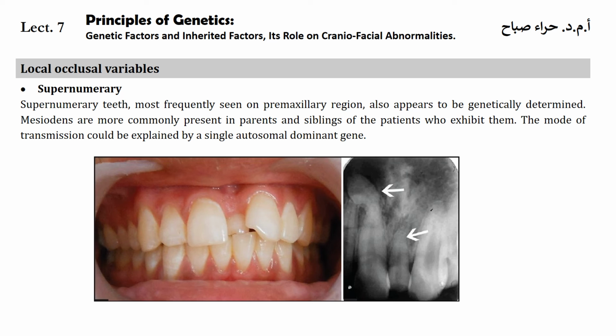Also, supernumerary teeth, most frequently seen in the premaxillary region, appear to be genetically determined. Mesiodens are more commonly present in parents and siblings of the patients who exhibit them. The mode of transmission could be explained by a single autosomal dominant gene.